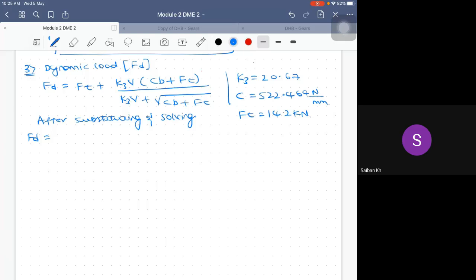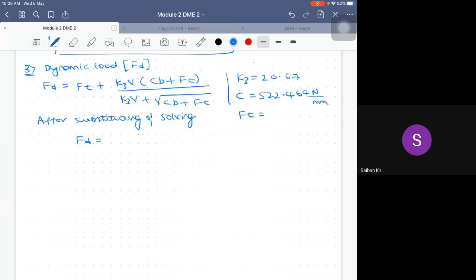FD is 14.2. Okay. So what is the FT value then for module number 4? Okay. Now, wait.